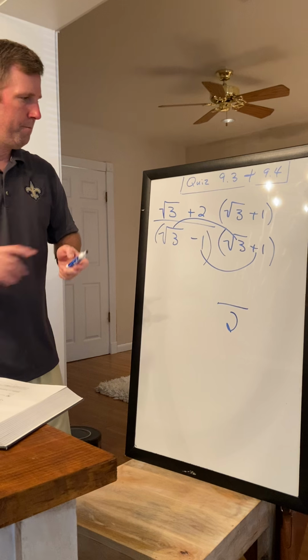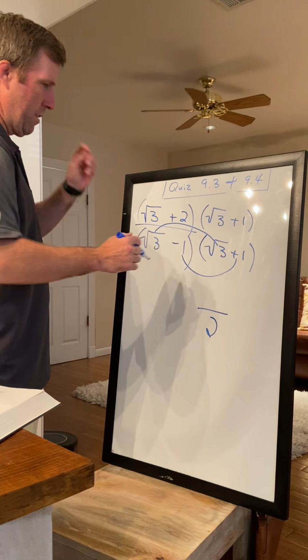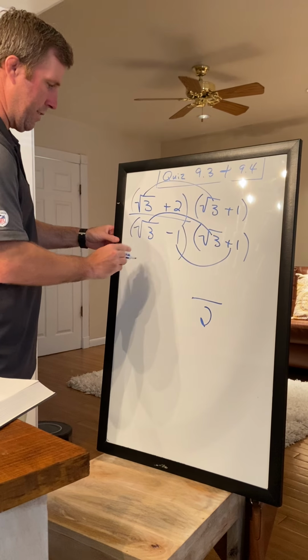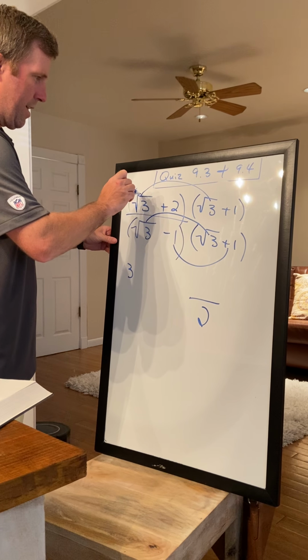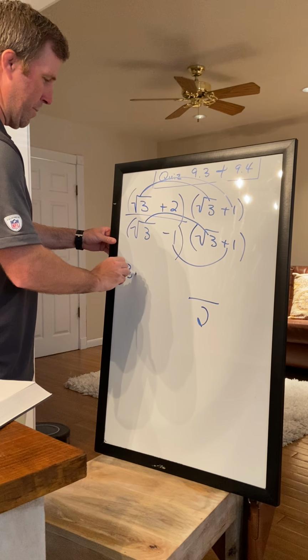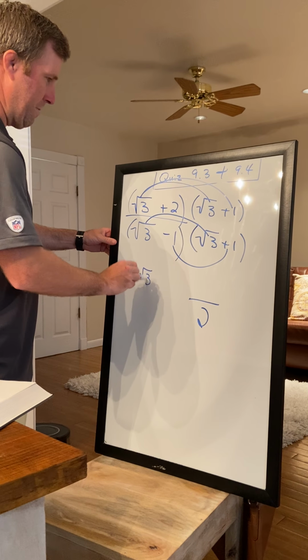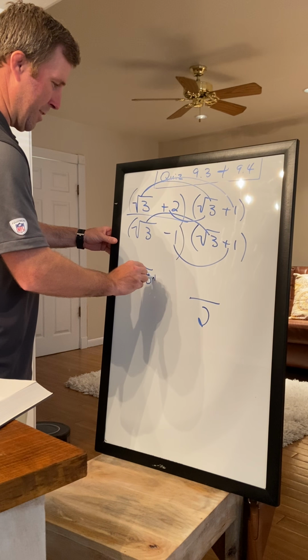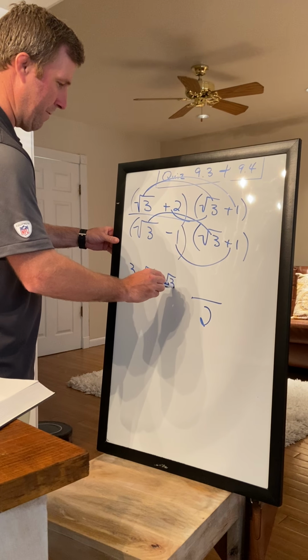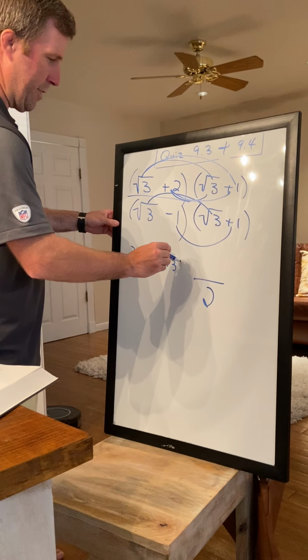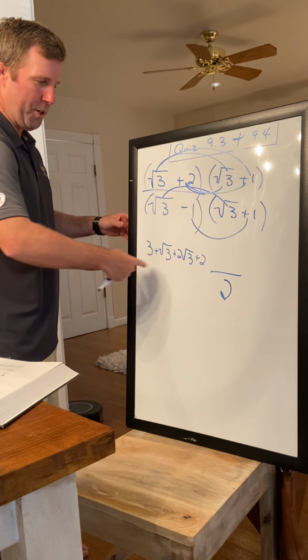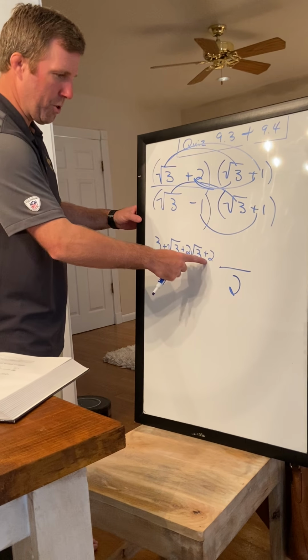Let's do the numerator. Okay? First times first gives me 3. The outer gives me square root of 3. The inner gives me 2 times the square root of 3. And the last gives me 2. Combine your like terms. 3 plus 2 is 5.